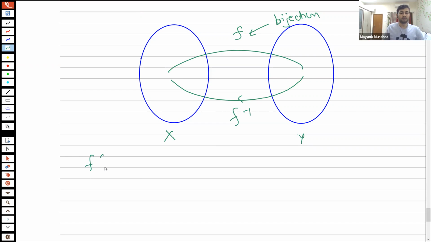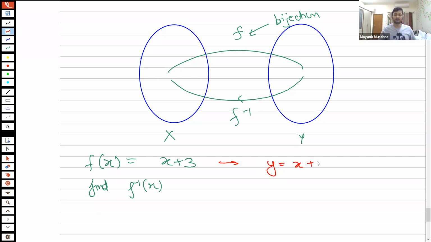Okay, so suppose f of x is x plus 3, and somebody asks you to find f inverse of x. So f inverse is something which takes you back. So how do you find this? You write this function as y equals x plus 3. Then you rearrange this. So now you have y as a function of x, but what you want is x as a function of y.